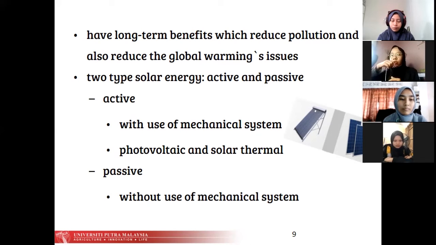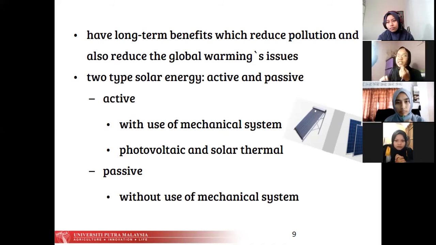The photovoltaic panel will generate electricity directly from the sunlight or convert the sunlight into a useful output such as water heating, cooling, and also ventilation.